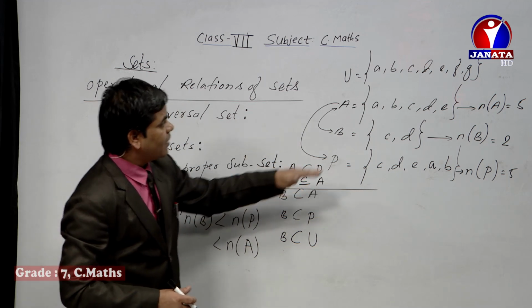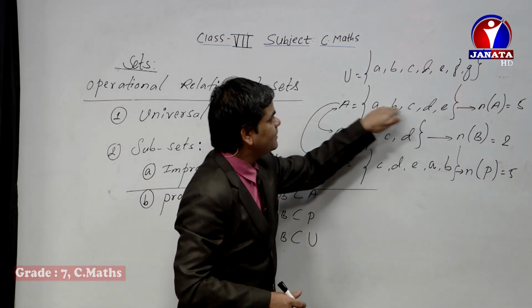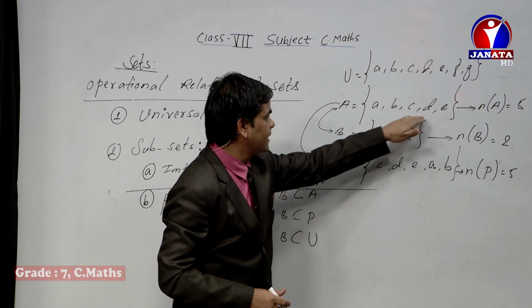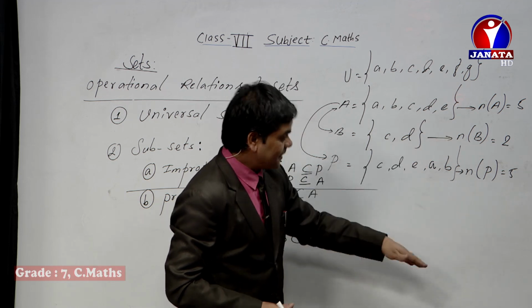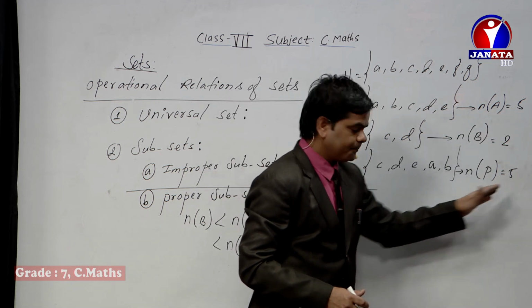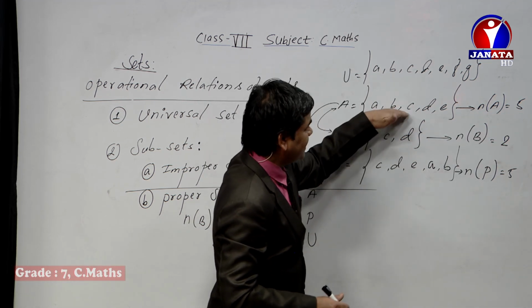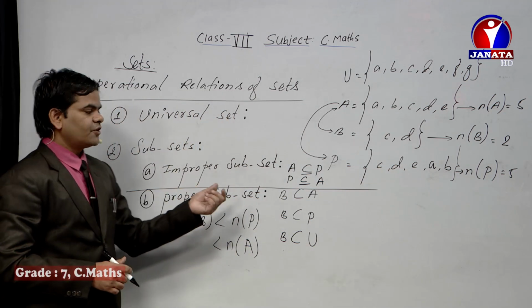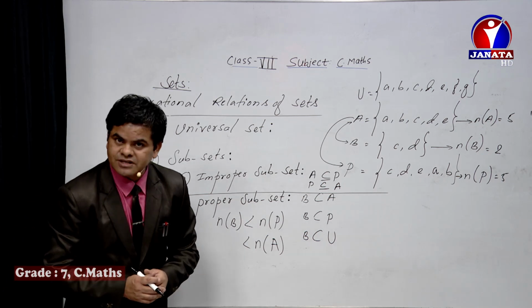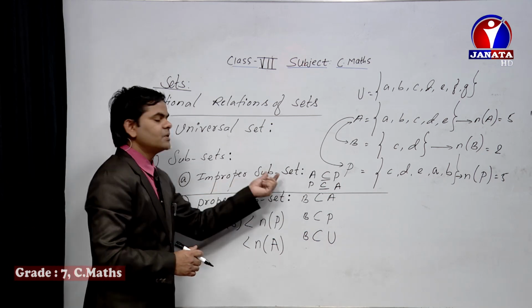When we count how many elements are there, if we find them cardinally equal, and if we also find the same elements, that situation is known as improper subset, the relationship between the two sets.